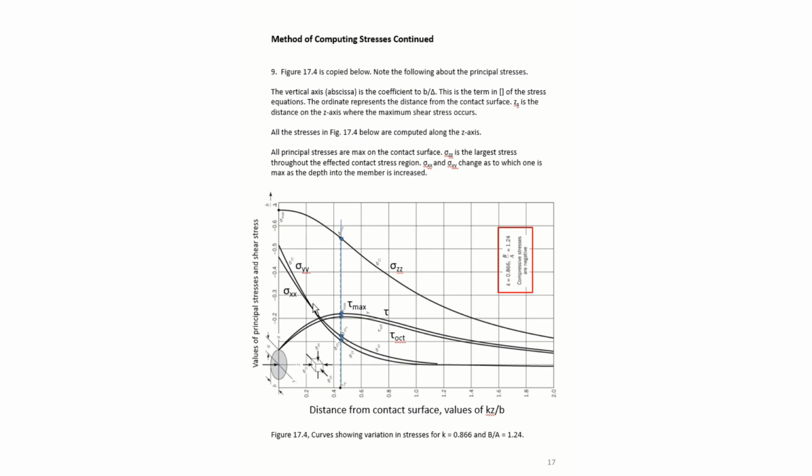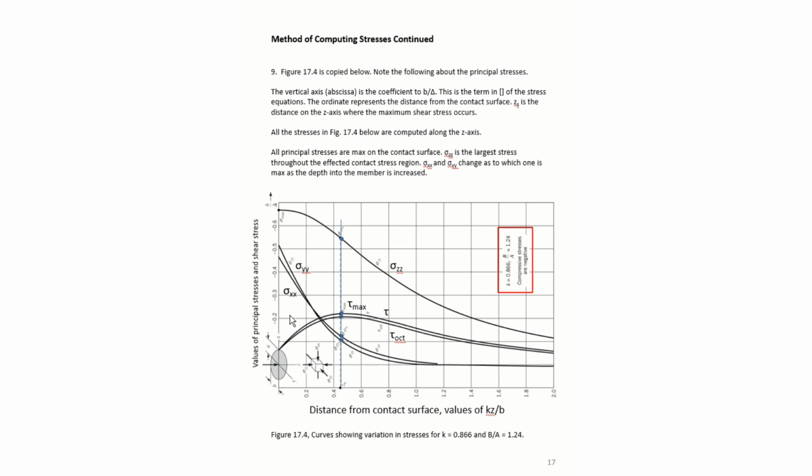But then as we cross through about 0.22 or 0.25 or so, these two stresses switch places. That's important because we often want to look at the maximum shear stress. The maximum shear stress is given by the largest difference between sigma ZZ and either sigma XX or sigma YY.